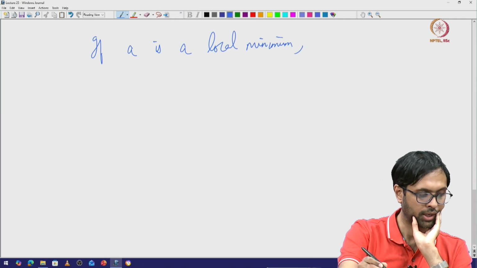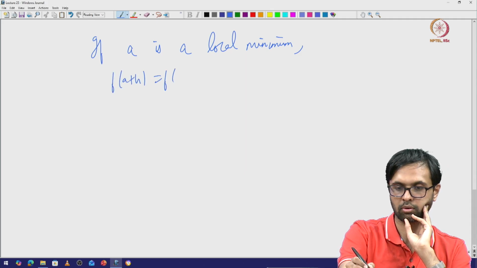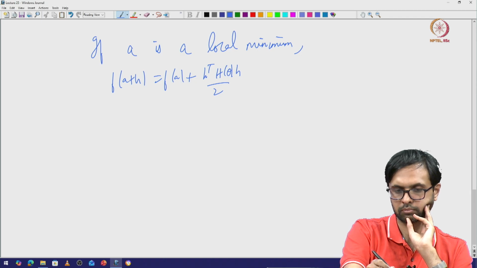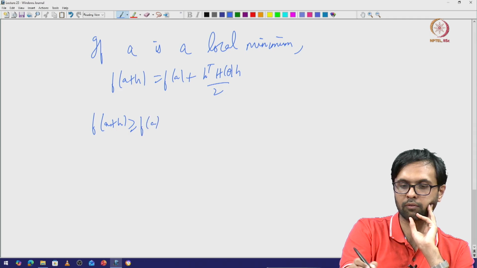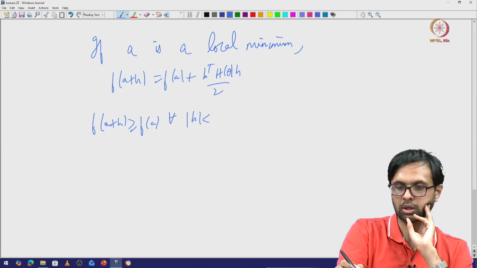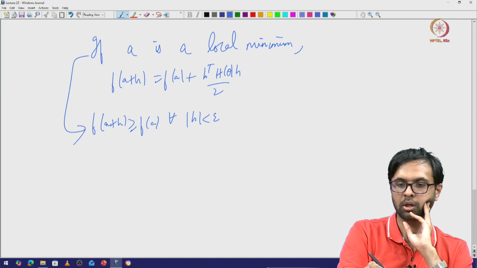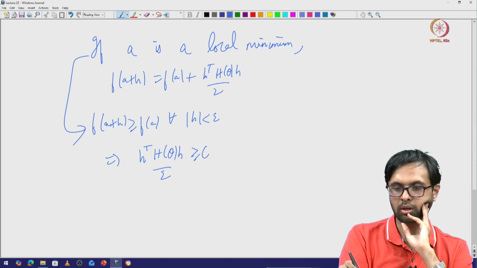Right? Then f of A plus h is greater than or equal to f of A for all h with norm less than some epsilon, if A is a local minimum, which means the quadratic term h transpose H h is greater than or equal to 0 for all h.